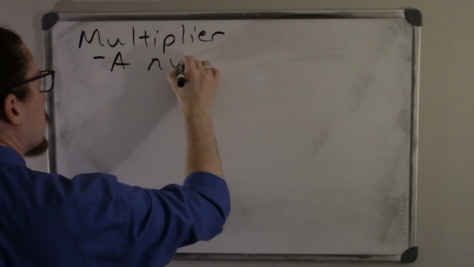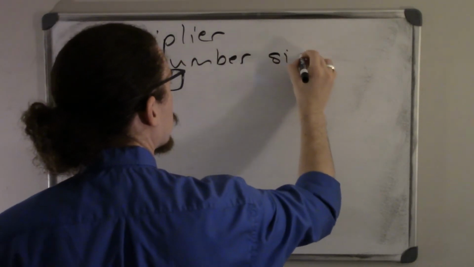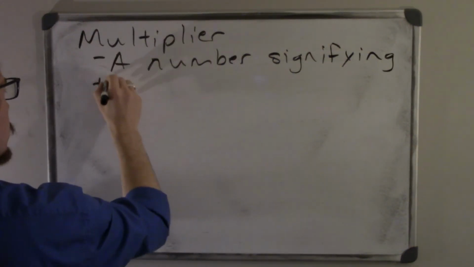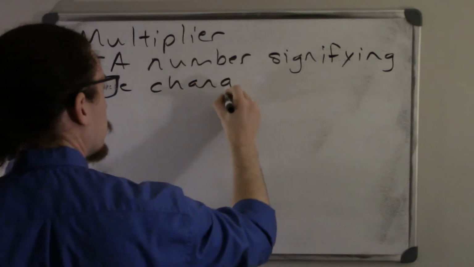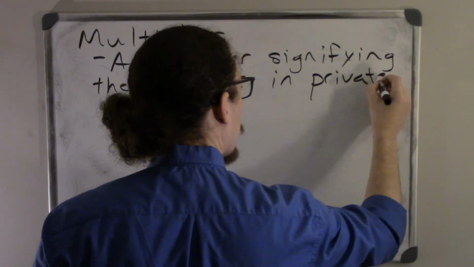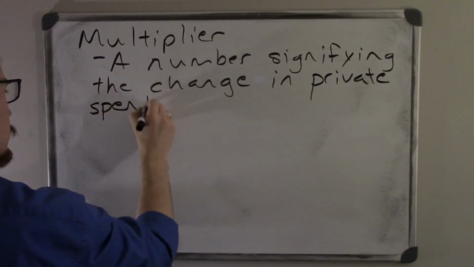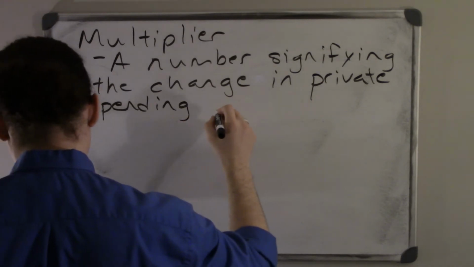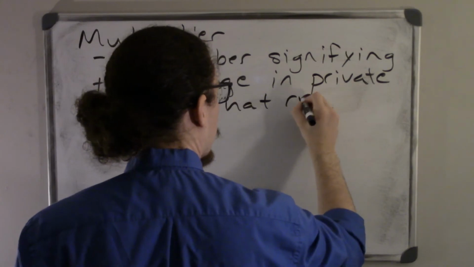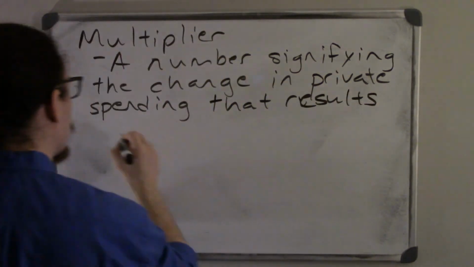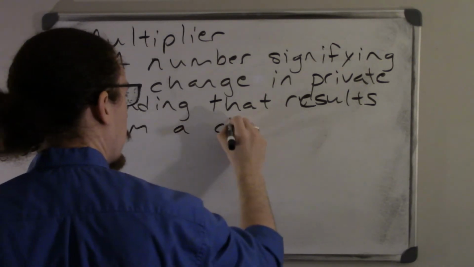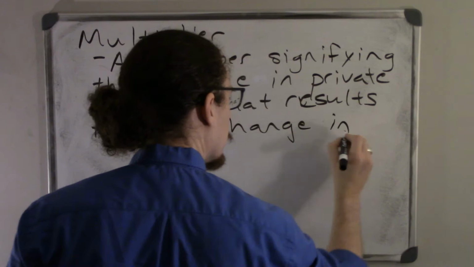So as I said, the multiplier is a number signifying the change in private spending that results from a change in government spending.